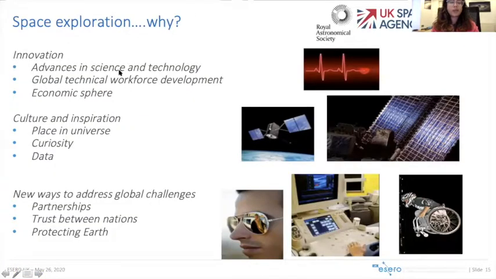So why space exploration? Well, there's lots and lots of reasons. And I'm a complete convert, so I'm blinded by how much I love space. But if you have skeptical young people, one of the things you can talk to them about is space spin-off technology, and the innovation that comes from the space industry in terms of technological development and workforce.